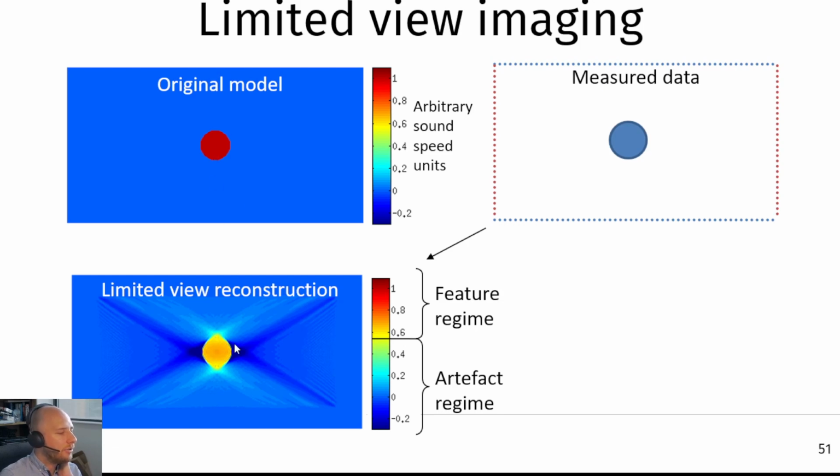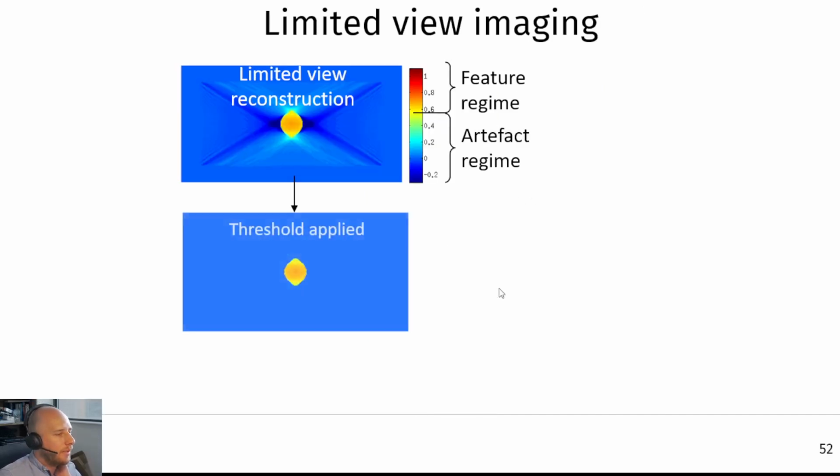And then at lower contrast, all these bits out here, lower contrast values seem to be artifacts. They don't tend to be real things at all. So the idea is that we can maybe split this image into two parts, maybe apply a threshold or something to reduce the artifacts part, and then use that information to populate what's missing in our limited view reconstruction.